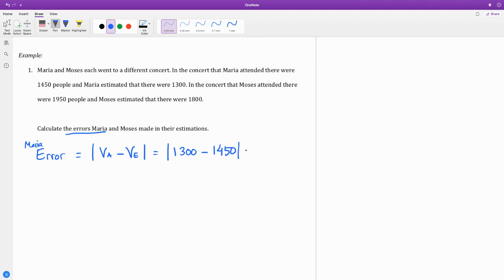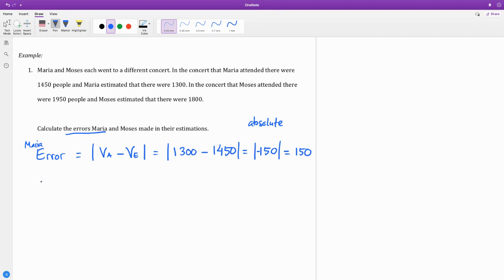Therefore, we have negative 150, but since we have absolute notation, the answer becomes positive. So it's 150. That's the error that Maria made.